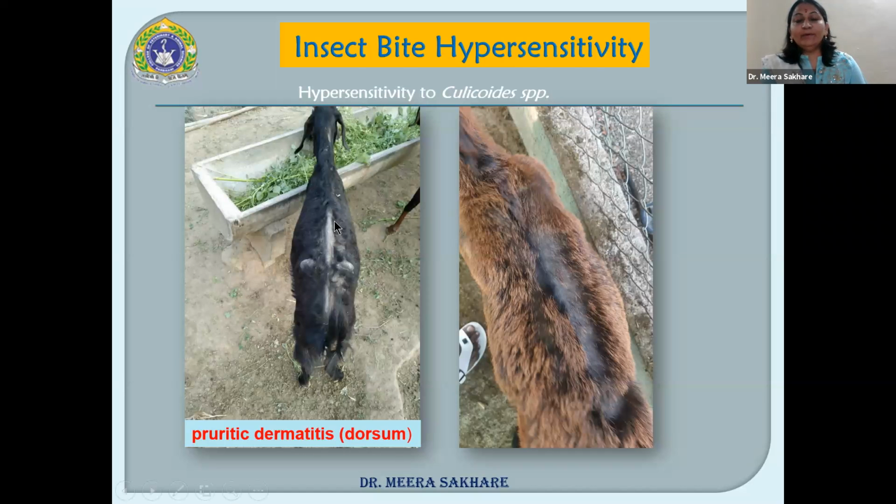At that time, animals have itching lesions, and lesions on the upper portion or dorsal abdomen we can see. So typically, restriction of lesions to the dorsal abdomen is a clear-cut symptom of insect bite hypersensitivity. In that case, we can go for an antihistaminic injection for a period of 3 to 5 days. This condition can be recovered very easily.